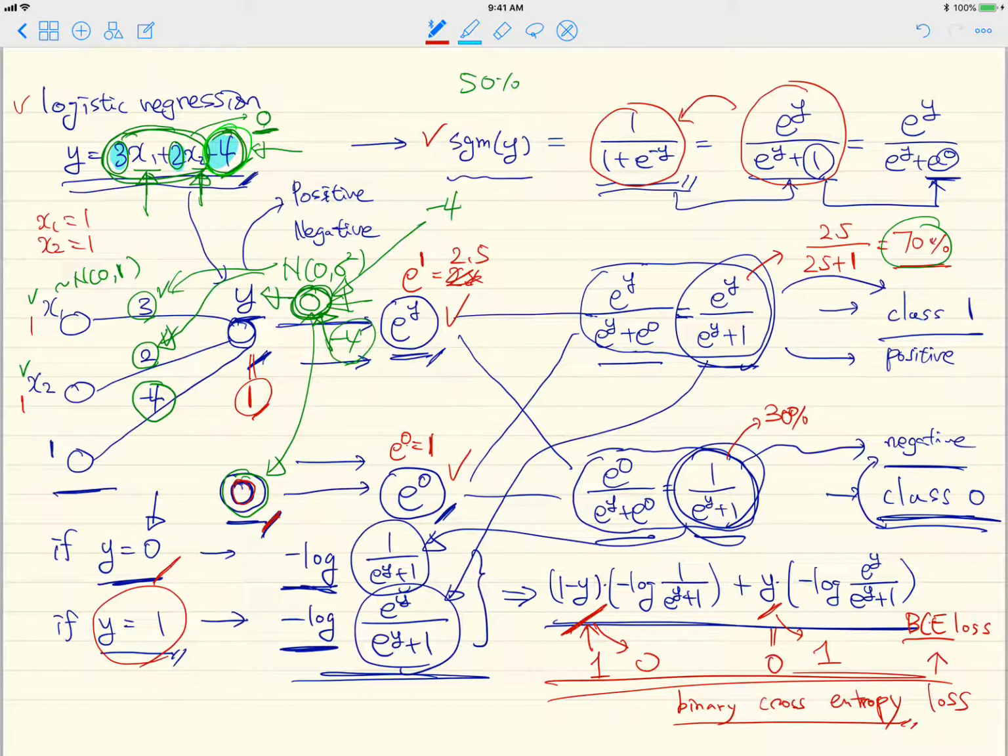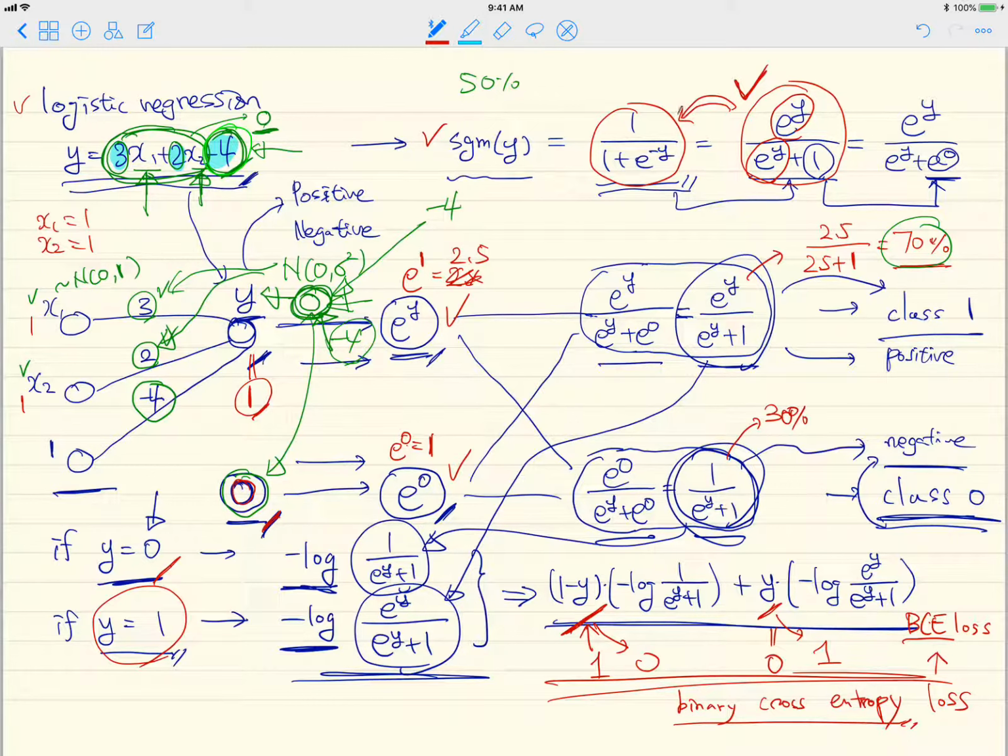If we just implement our sigmoid function in this form, we would have to compute e to the power of y twice, because it appears both in the numerator and the denominator.